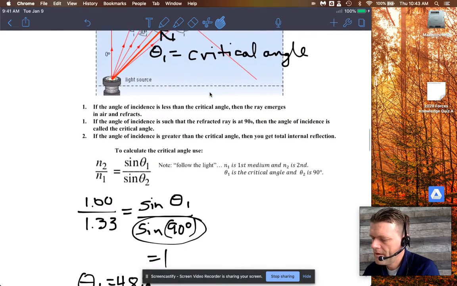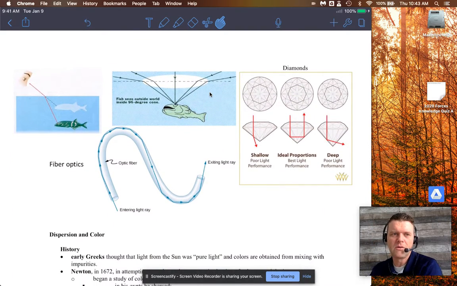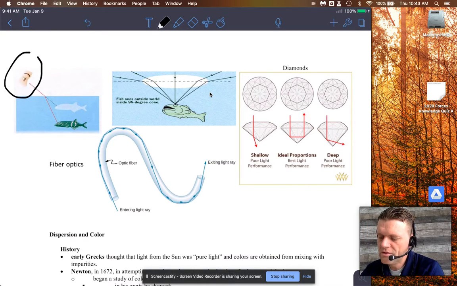From a practical point of view, I just included these extras because they're cool to talk about. Let's just do each one really quickly. If you look into the water at an angle and you see a fish in the water, and you extrapolate the ray of light or your line of sight, the fish won't be there.